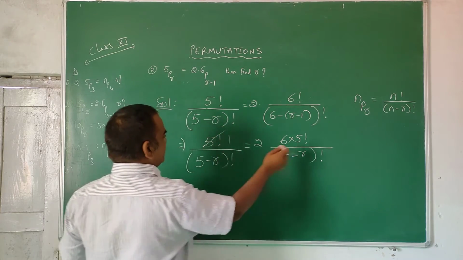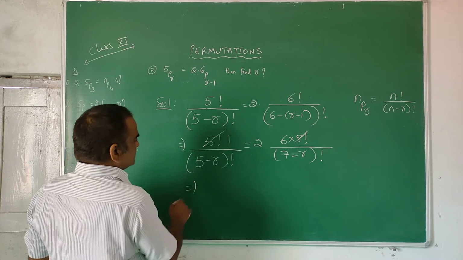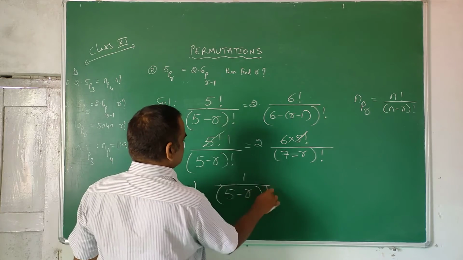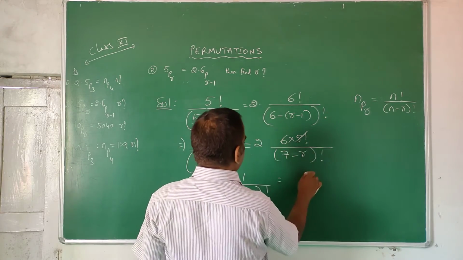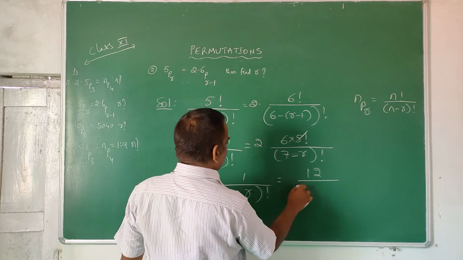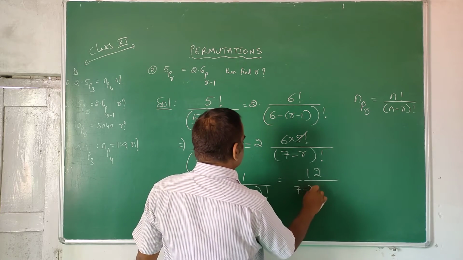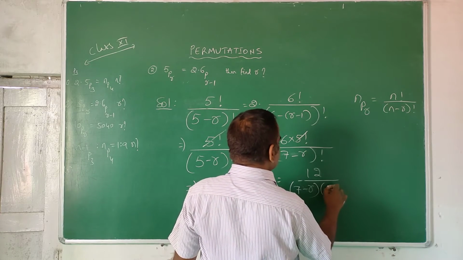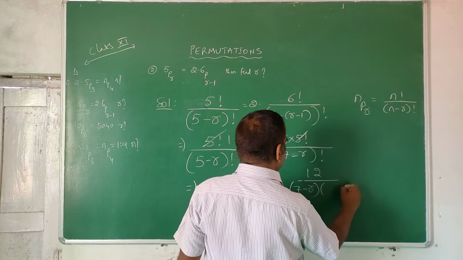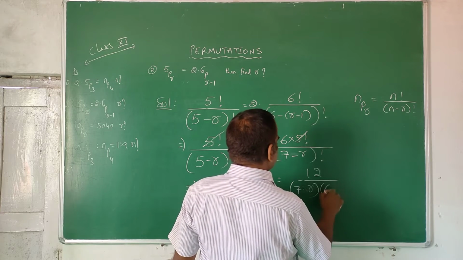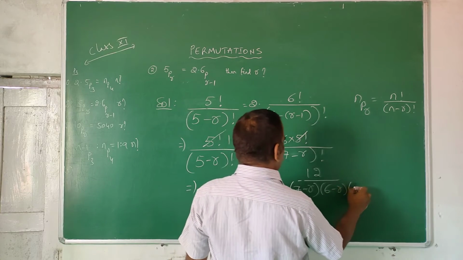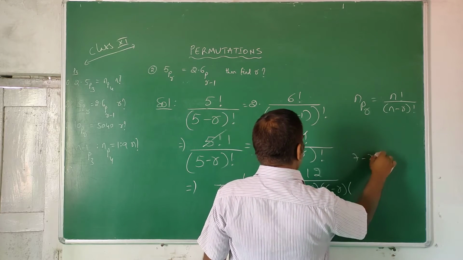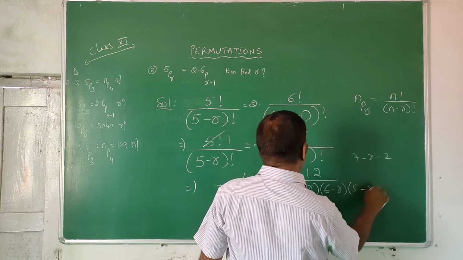Then this 5 factorial gets cancelled. So this is 1 by 5 minus r factorial is equal to 2 sixes are 12, by 7 minus r factorial. 7 minus r factorial can be written as 7 minus r into 7 minus r minus 1, which is 6 minus r, next 7 minus r minus 2, which is 5 minus r factorial.